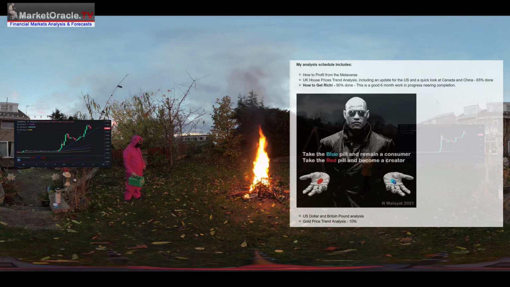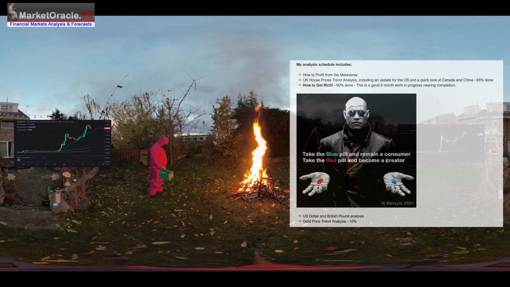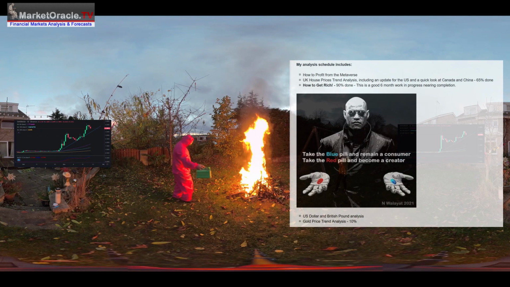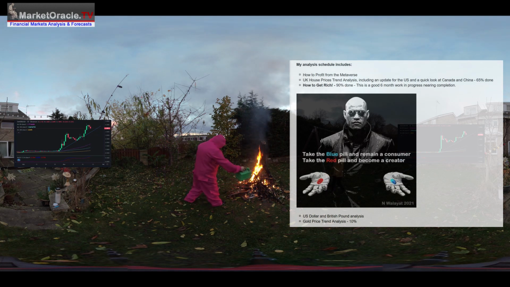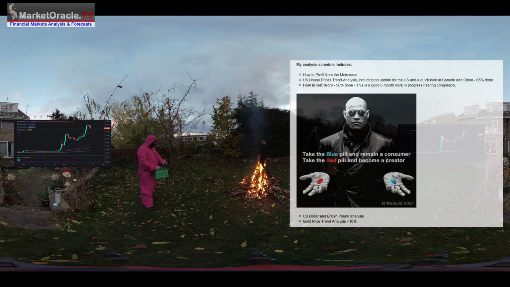And as for my schedule of analysis, primary on my list is to complete my extensive analysis on how to get rich, which is 90% done, which I've spent a good 9 months on, and it's just about done. Just needs to be corrected, insert some images, and then get it posted. Now, this is not garbage like which stocks to buy to get rich on. This is really how to get rich, what you need to do.